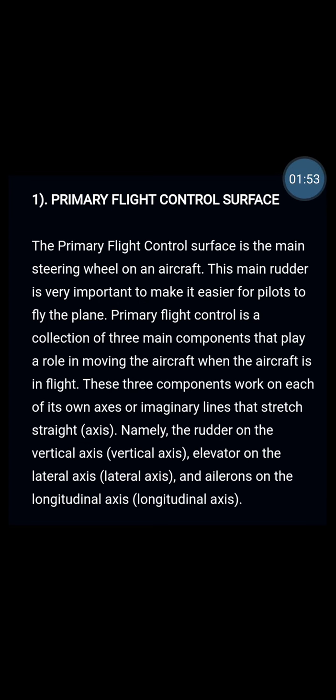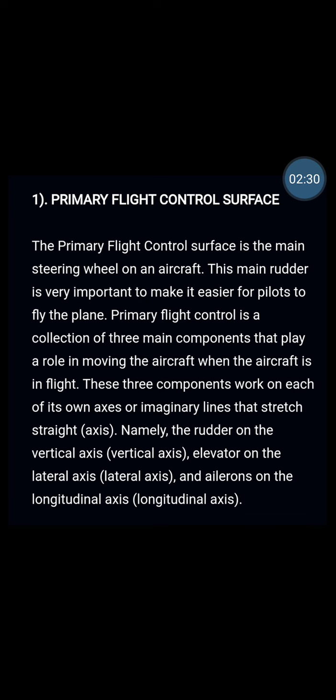And number 1, primary flight control surface. The primary flight control surface is the main steering wheel on the aircraft. This main control is very important to make it easier for the pilot to fly the plane. Primary flight control is a collection of three main components that play a role in moving the aircraft when the aircraft is in flight.